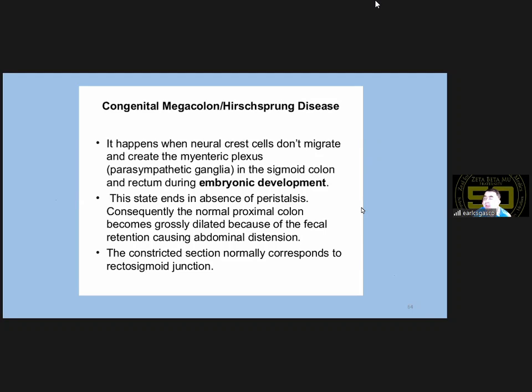It is maintained in its contracted state, so there is no contraction and no peristalsis. Consequently, the normal proximal colon becomes dilated because the feces fail to pass through the aperistaltic area. Gas, fluid, and intestinal contents accumulate, causing bowel obstruction or distension. So that's the Hirschsprung abnormality.